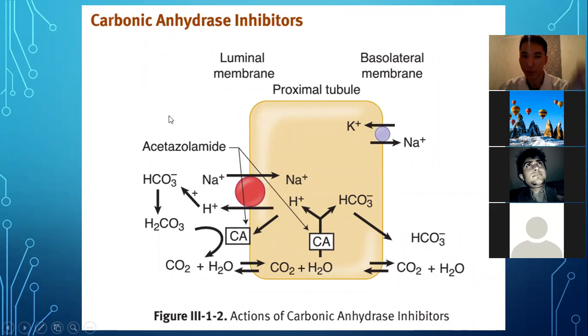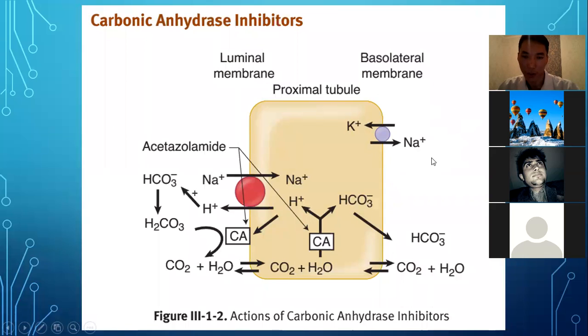What does it mean? Here there will be glomerular filtrate passing through. This is the proximal tubule. This is the epithelial cell of the proximal tubule. This part is the urine part, and this part is outside of the proximal tubule. It is considered the blood part, after the basolateral membrane.